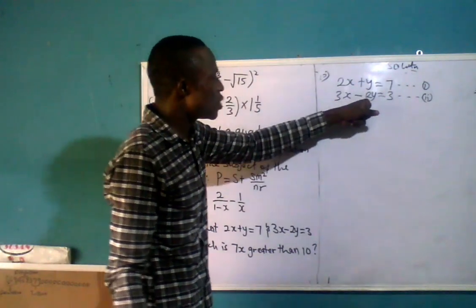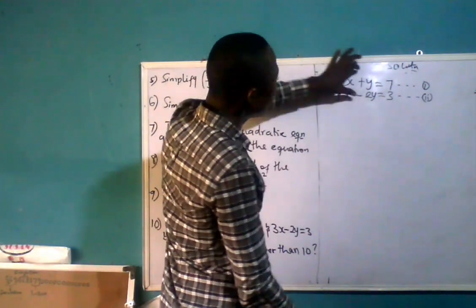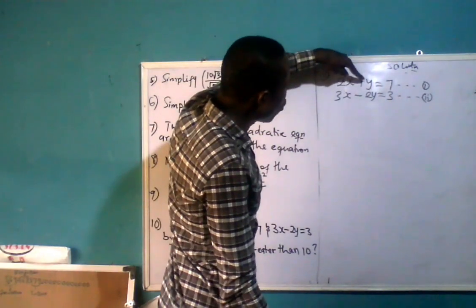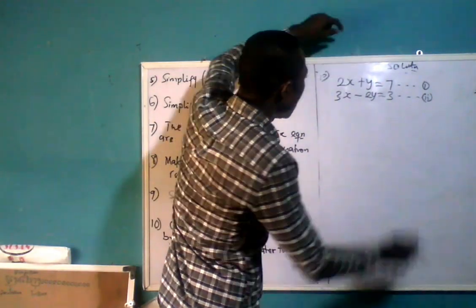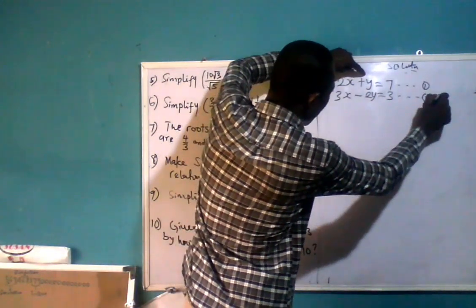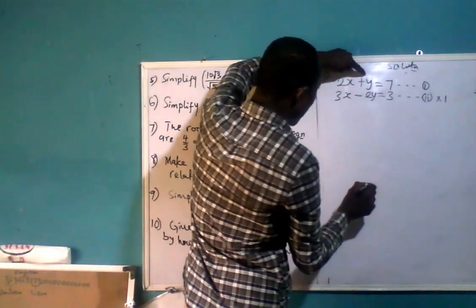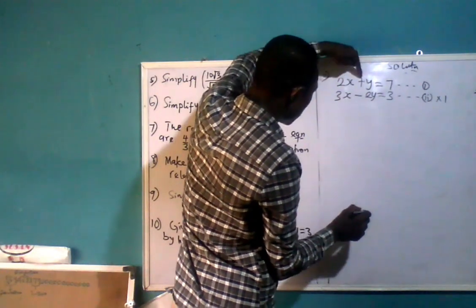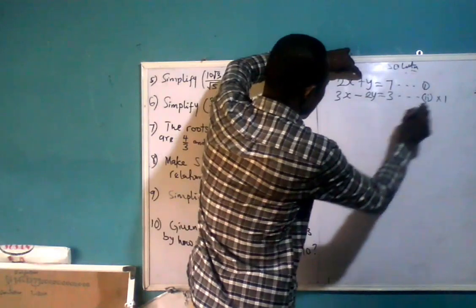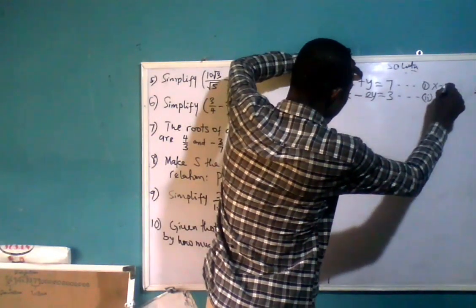And how do you eliminate y in these two equations? You can eliminate y by making the coefficient of y here equal to the coefficient of y in the other. How do you achieve that? Multiply this equation by the coefficient of y, which is 1. So the whole equation here is multiplied by 1. Then the first equation is multiplied by the coefficient of y in the second equation, that's everything here multiplied by -2.